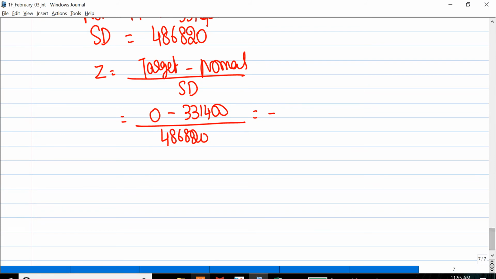How much is it? Minus 0.68. Negative 0.68. Any doubts till this? I'll give you time to note it. Z is minus 0.68. Now, the same thing I'm going to put in a diagram.